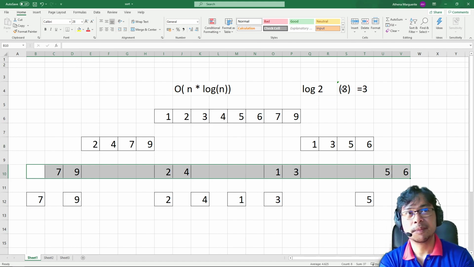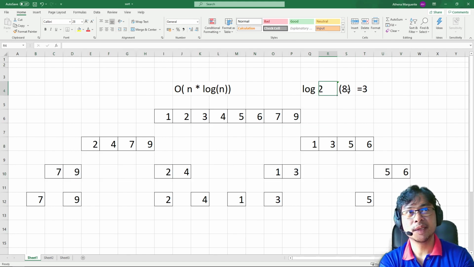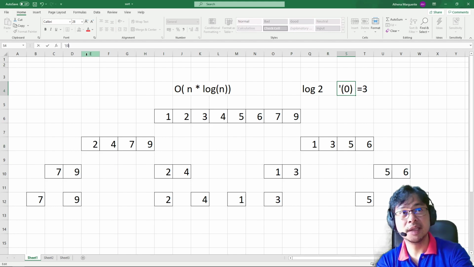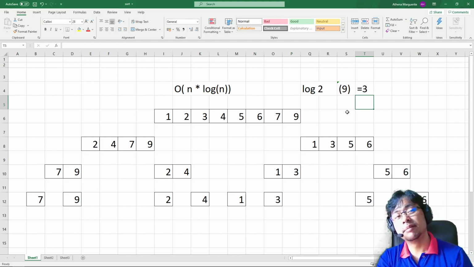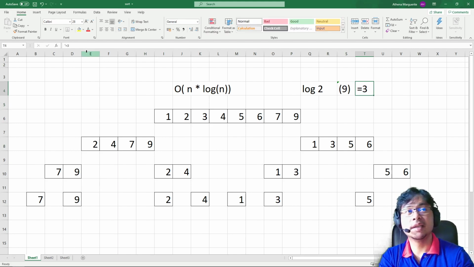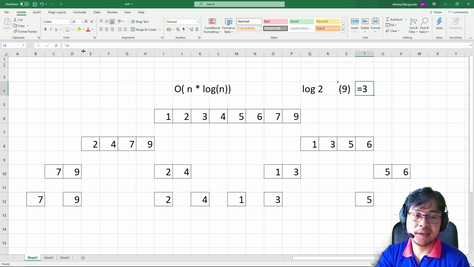What if we change the number now, it's no longer 8, you are dealing with 9 numbers. Will this still be 3? Actually, yes, because you truncate the decimal part.